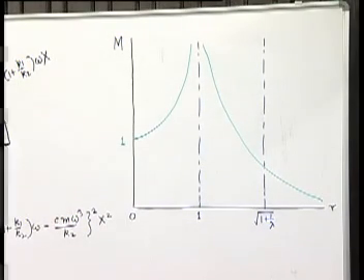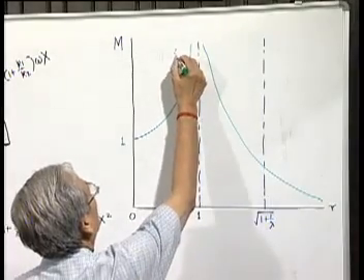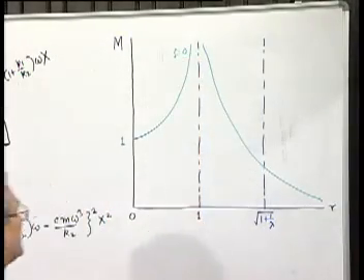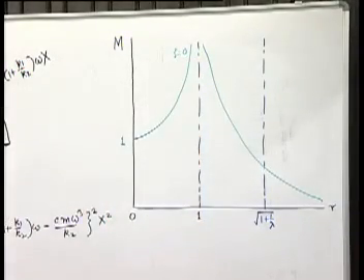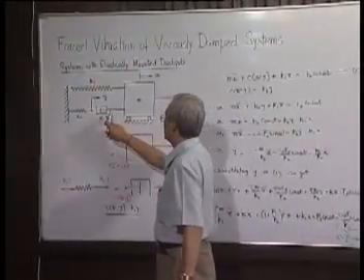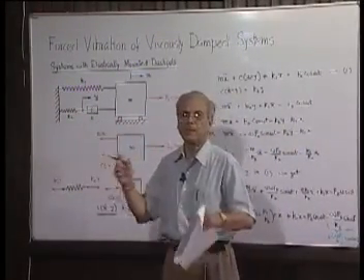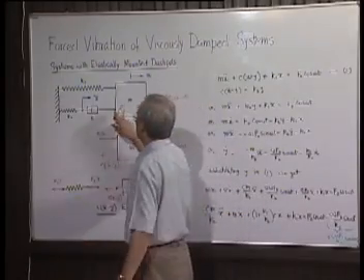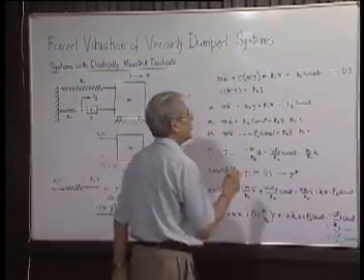Another extreme case will be when C is infinite. If it is infinite, it means it is rigidly connected. So this becomes simply then equivalent to a system.